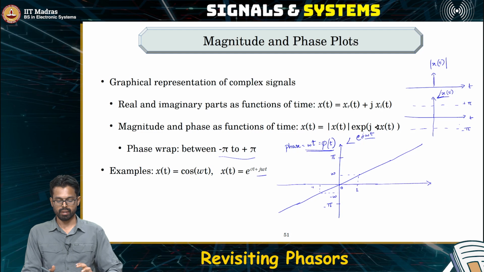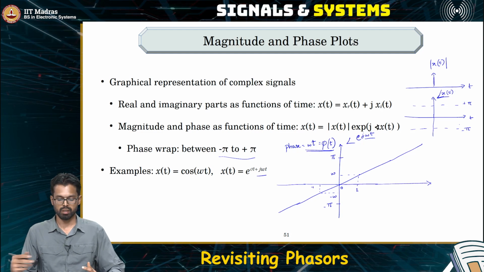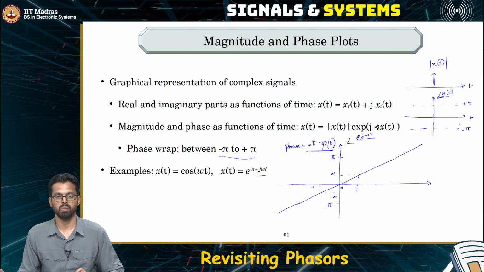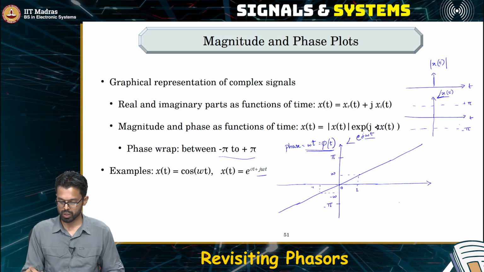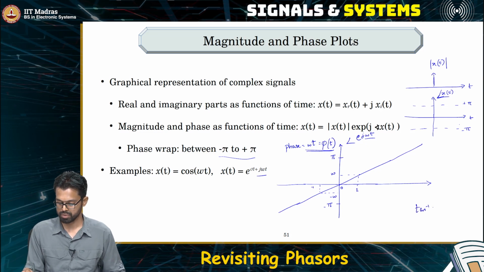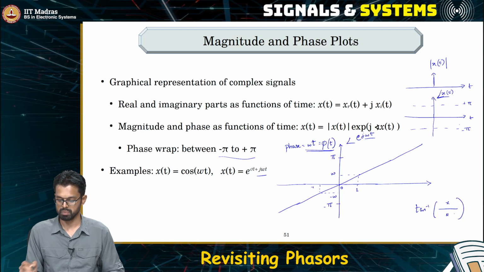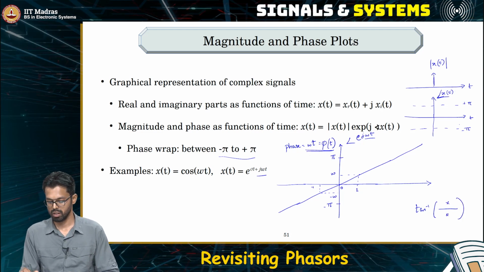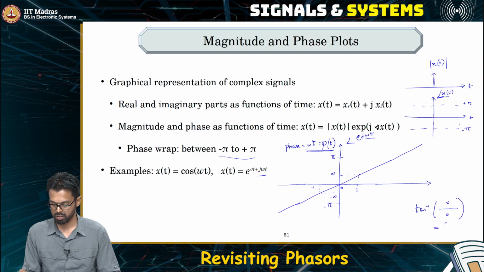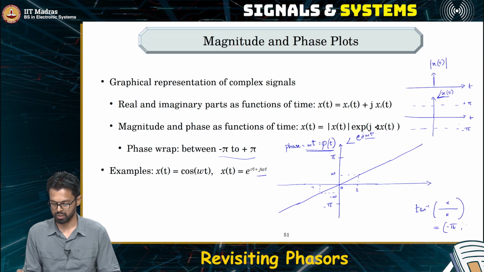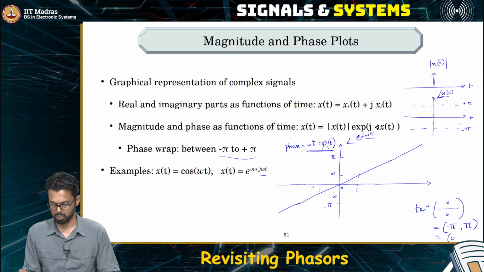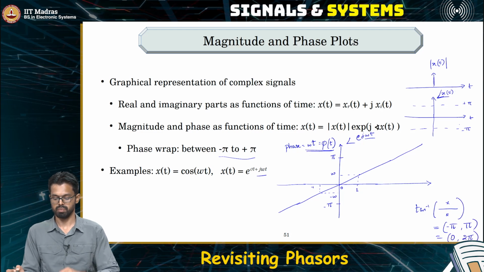But when you simulate it and compute it in MATLAB or Python or some simulation software, what you will see is tan inverse of some number divided by some number. And this value can always be only between minus pi to plus pi, or 0 to 2 pi, whichever.